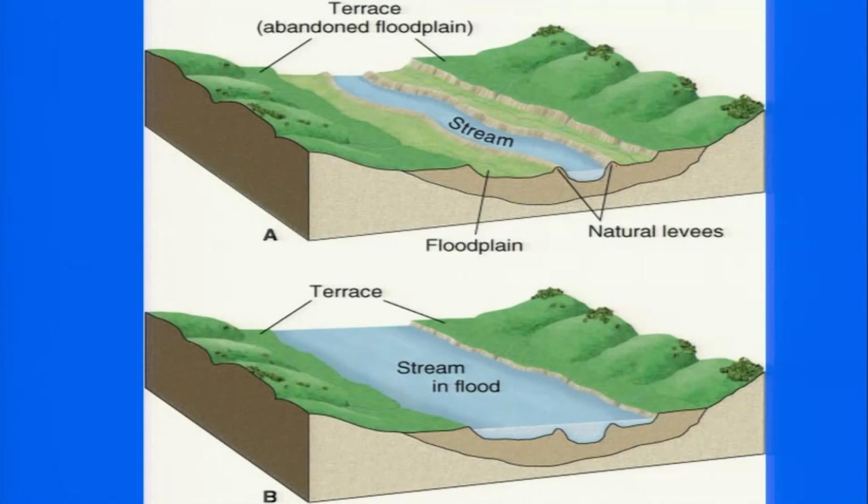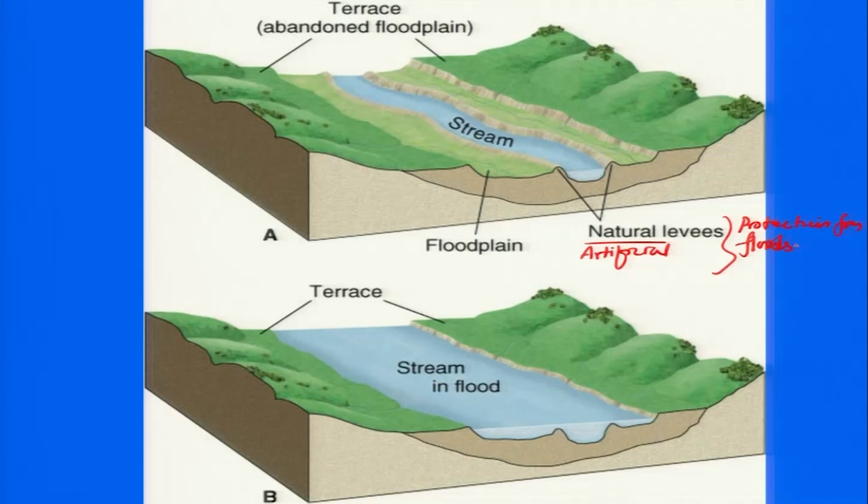In some areas where natural levees are not available, people try to construct artificial levees, and this is mainly done for protection from floods.